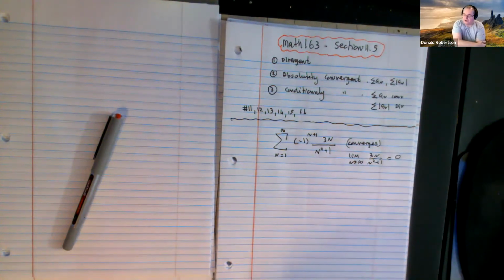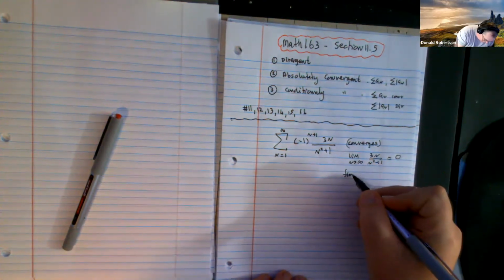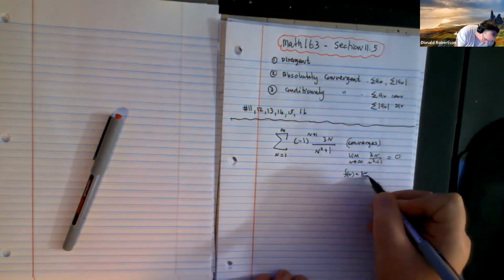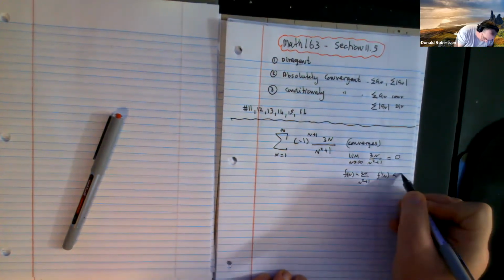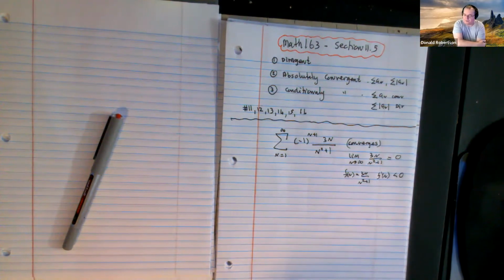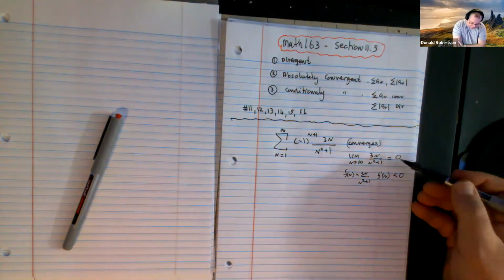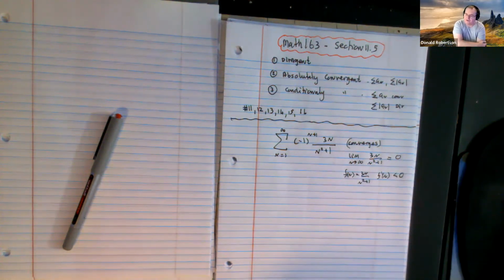Can you do that through L'Hospital or divide top and bottom by n, right? And if I call this guy 3n over n squared plus 1, can you imagine that after a fair amount of work, I could prove that its derivative was negative and therefore it is decreasing. And if you put those two together, doesn't that mean it converges by the alternating series test?